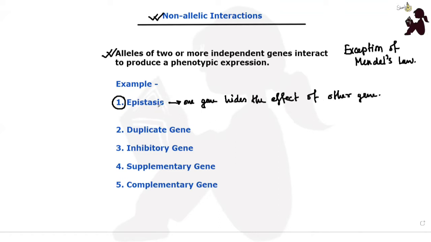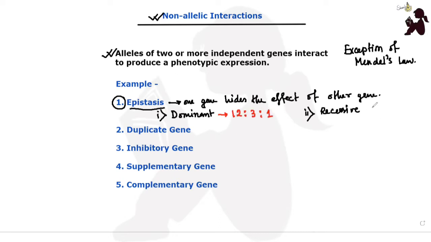We can see two types of epistasis mainly. One is the dominant, and the other one is the recessive epistasis. In the dominant epistasis, we can see the ratio in the F2 generation of a dihybrid cross is 12:3:1.